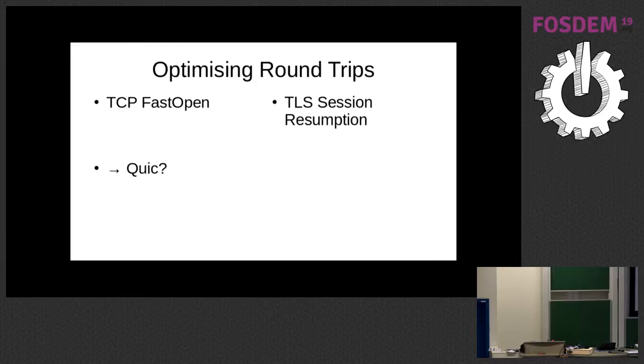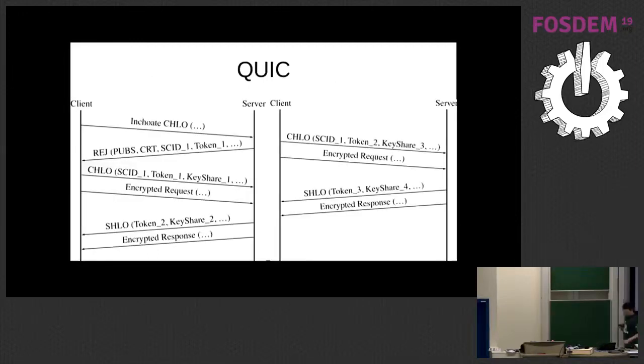This is QUIC, and we don't really need to understand each and every line item there. What we will see is that there's a connection establishment made by the client, and then at the end of the day, we get some token from the server, which we can then use in our subsequent request. So this is the initial connection establishment, and this is the resumption.